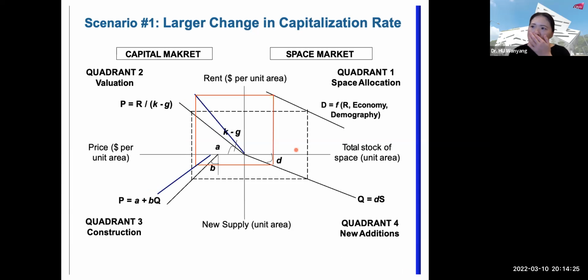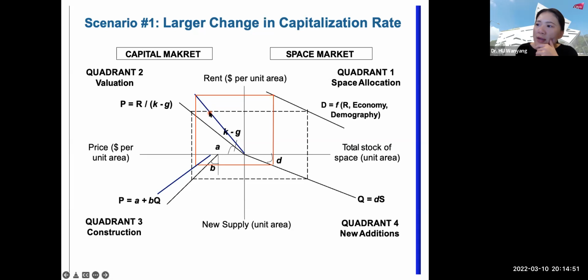So I will briefly go through how the new equilibrium is arrived at. Again, we start from the dashed line. This is the initial equilibrium. So start from this same rent level. But now we have a rotation because of the change in capitalization rate. So now we have a lower price level.